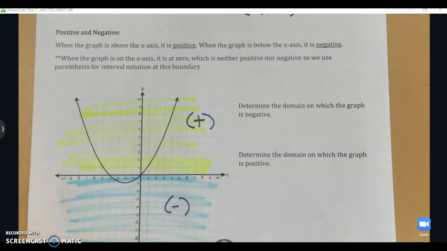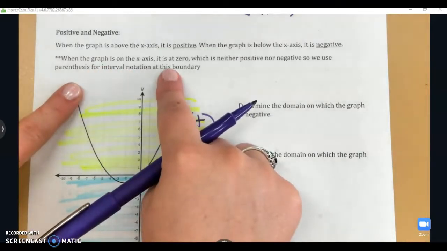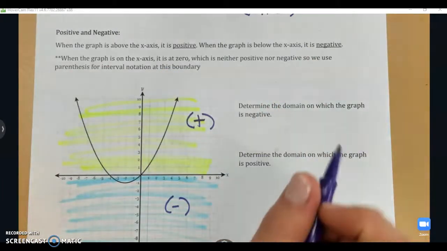So again, this one's saying determine the domain for which the graph is negative. So we're still looking at our x values. And then when the graph is on the x-axis, it's at 0, which is neither positive or negative, so we're using parentheses at that boundary point.